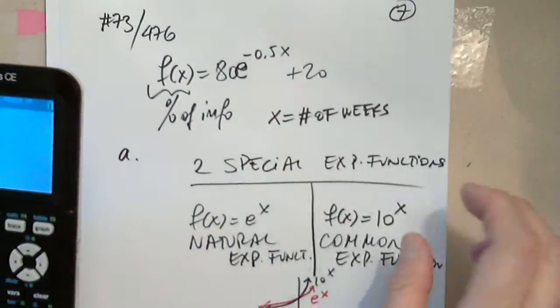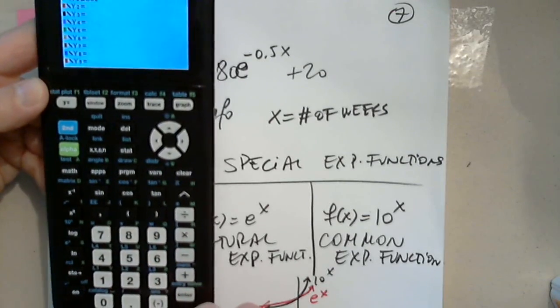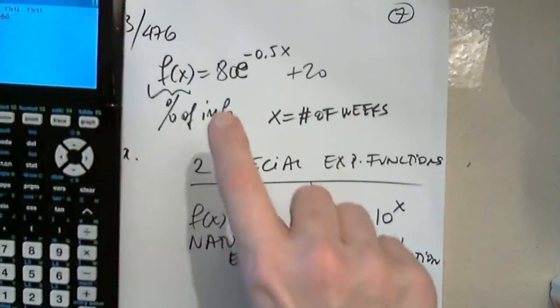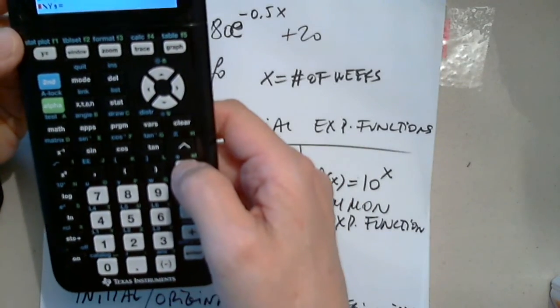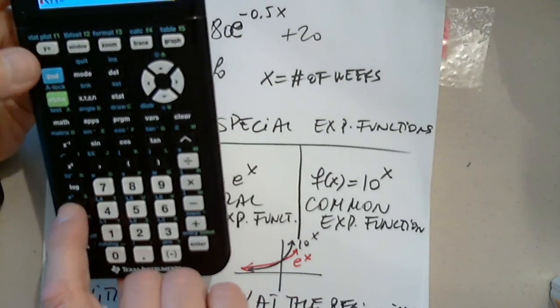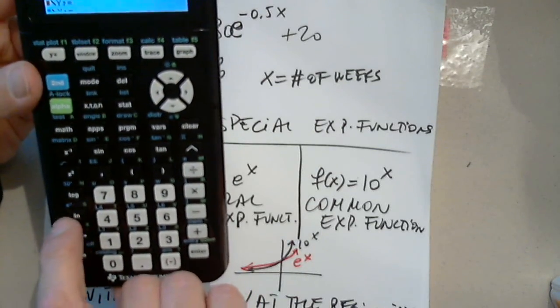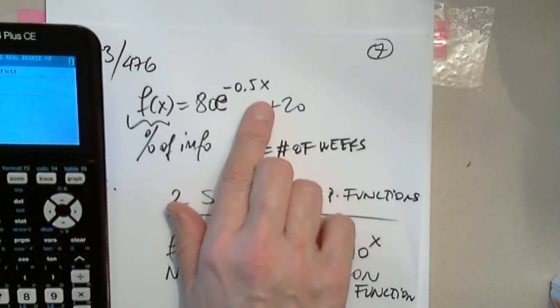So let's carefully plug in this function, 80. Stop me if you have questions anytime, please. Careful with the e. E is right here. Plain e with no power is here, but e to the x is here. So second and e to the x. Please bear with me and put this in parentheses.